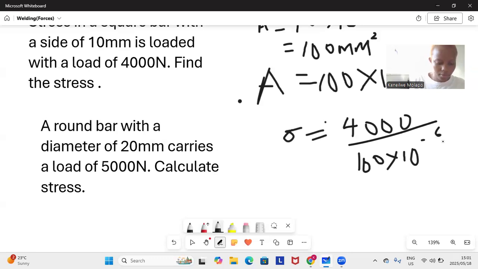So here it's your area, so that means 4,000 over 0.01, over 0.001.